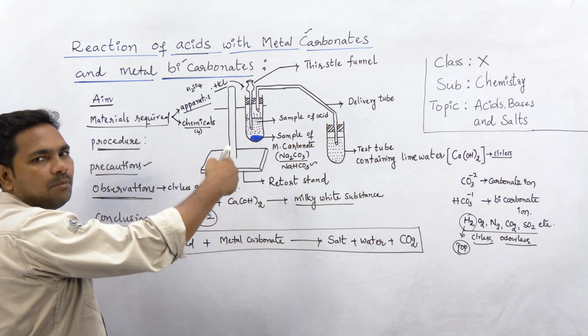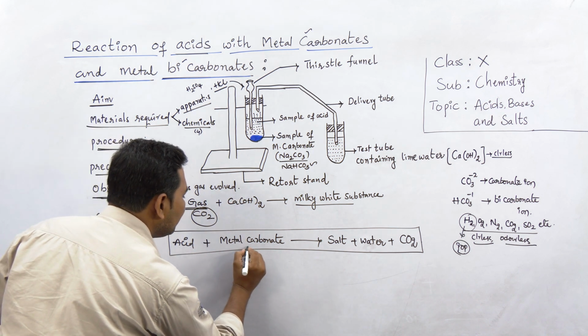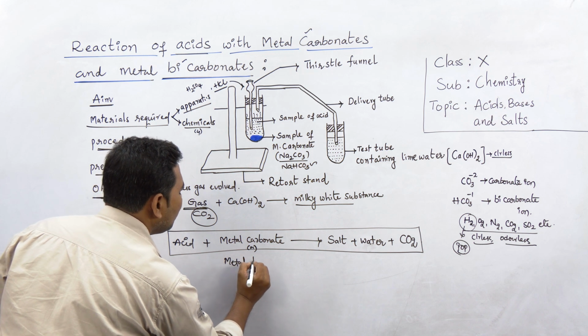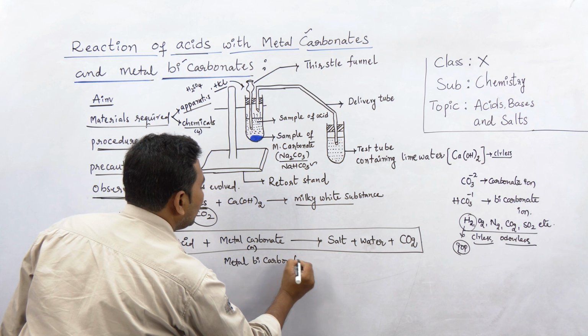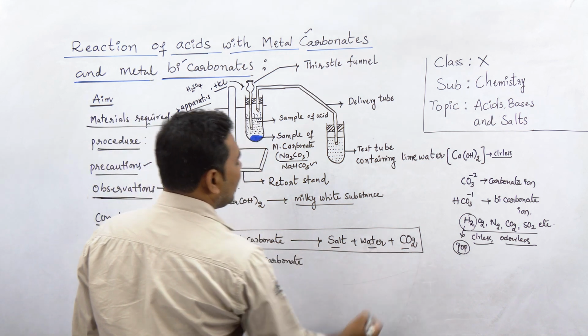Even in this second repetition, what happens when acid is added to the metal hydrogen carbonate, which is called metal bicarbonate? It produces salt, water and CO2.